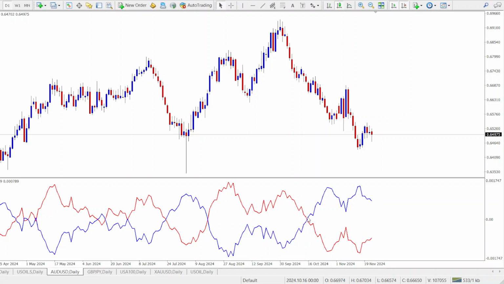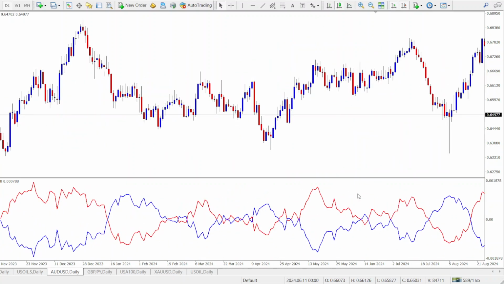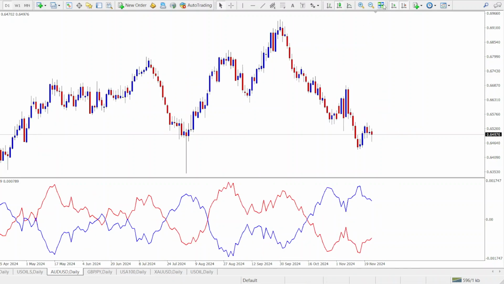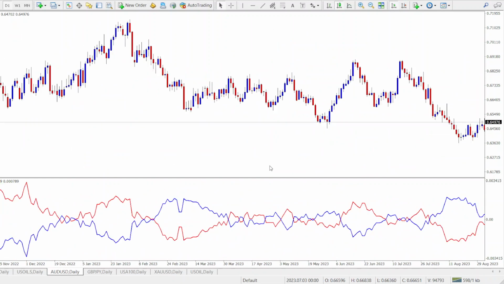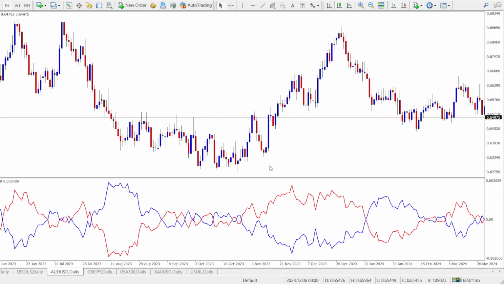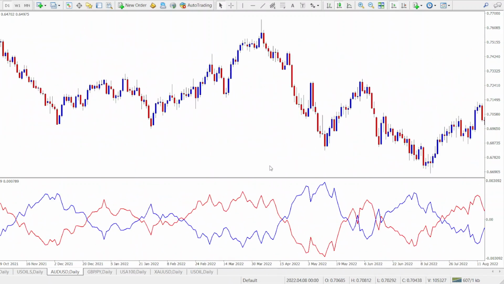When you have the lines crossing over each other, it can show a shift in momentum. Okay, let us look at some historical examples.